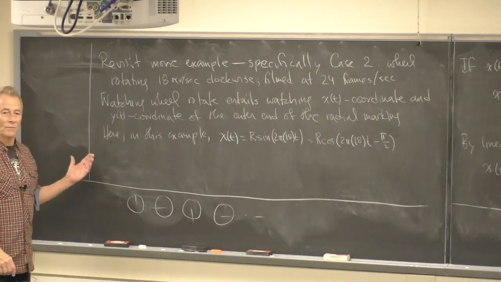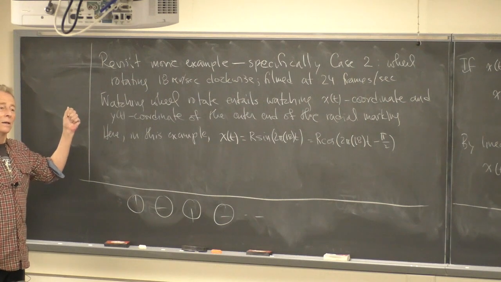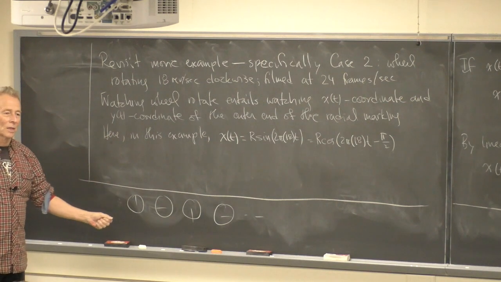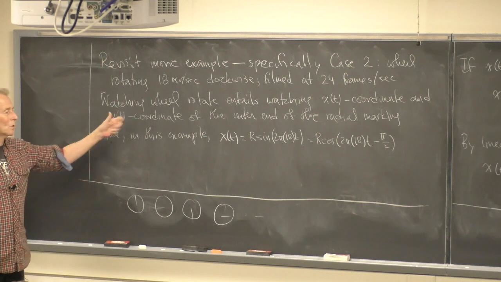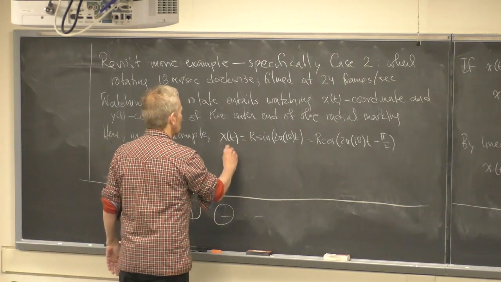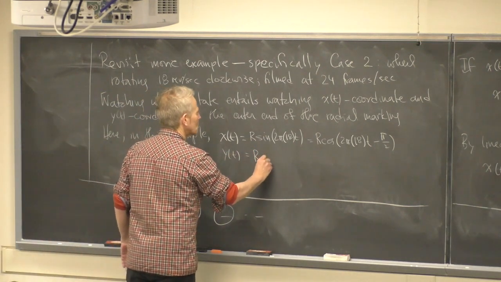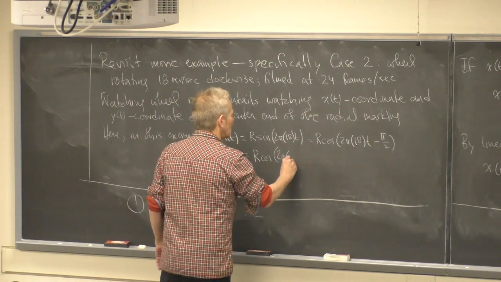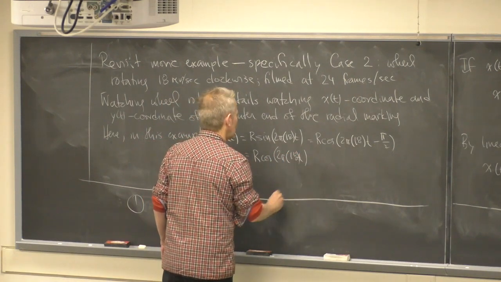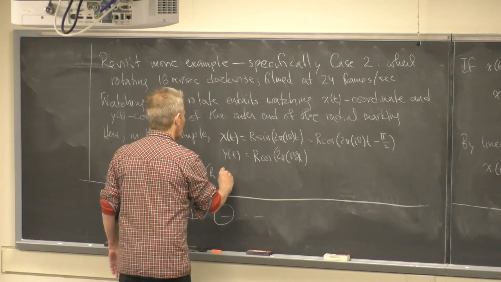And y of t, what does y of t do? Y of t starts at 1, goes down to 0, down to -1, back up to 0, up to 1. So y of t is just following a cosine. Y of t equals r cosine 2 pi 18t, where r is the radius of the wheel.